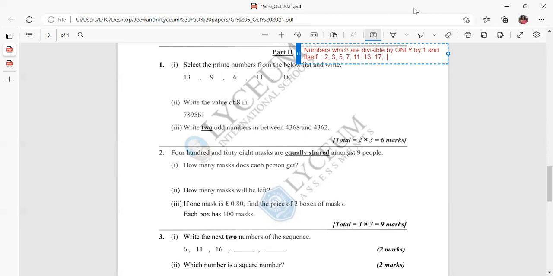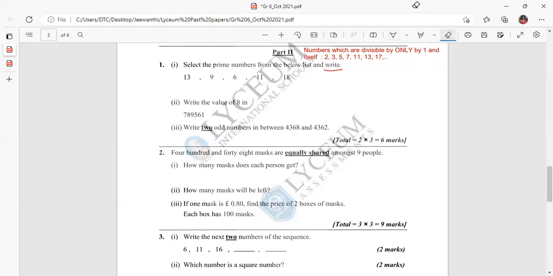Now, out of this list, select the prime numbers from the below list and write. Look at this. If you have underlined 13 and 11, no, you don't get the marks, right? Because they have, no, sorry, circled, no, you don't get the marks. If you have underlined like this, the answer is correct, but again, you don't get the marks. Why is that?